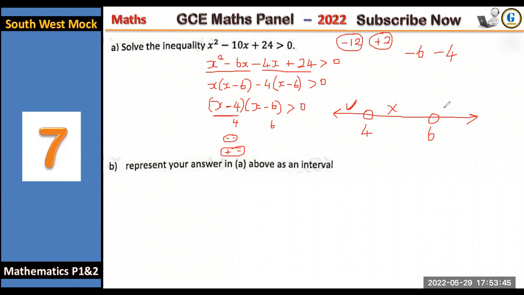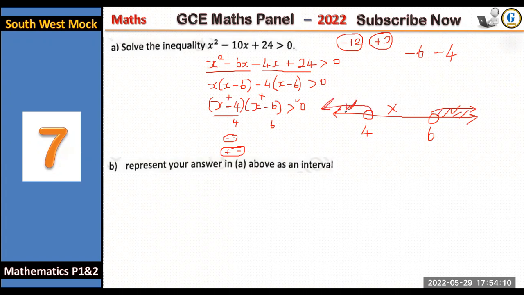Now let's take any number above 6 and test. Of course, above 6, the first will be positive and the second will be positive. And that positive number is greater than 0. So the region above 6 will still satisfy. So the inequality solution will be all numbers greater than or equal to 6, like this, I shade, and all numbers less than 4.